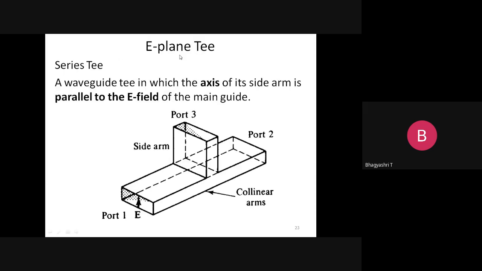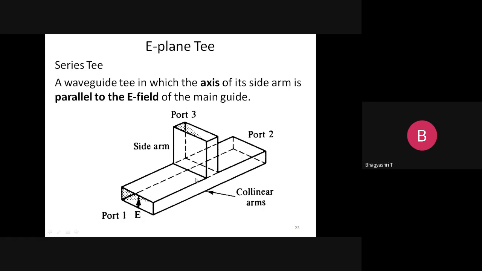So this is an E-plane Tee. These are the collinear arms and this is the E arm. So it is called a series Tee. Please remember, E-plane Tee is called a series Tee. It is a waveguide Tee in which the axis of the side arm is parallel to the E field of the main guide.